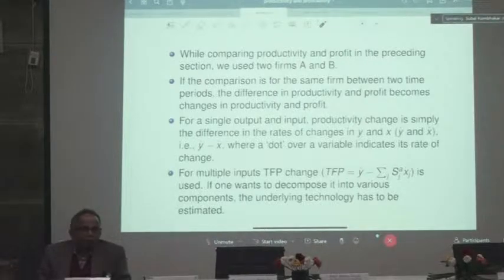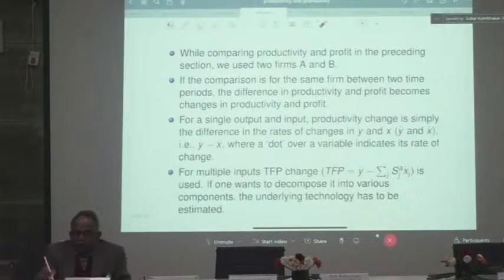Or if you don't use that type of terminology, you simply say the rate of change is the change in x divided by x.